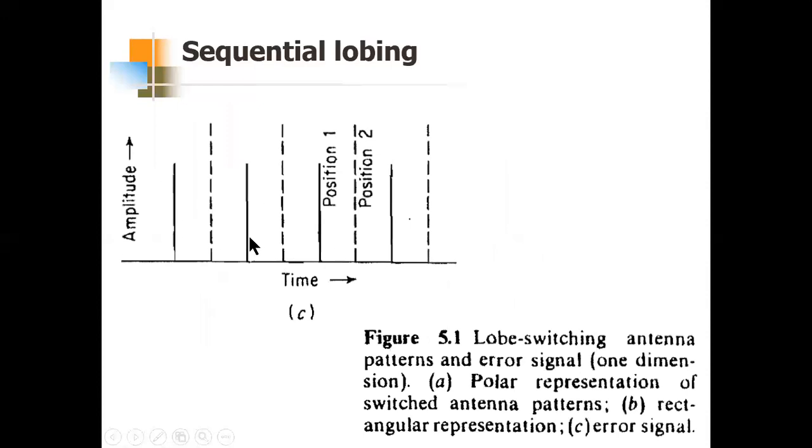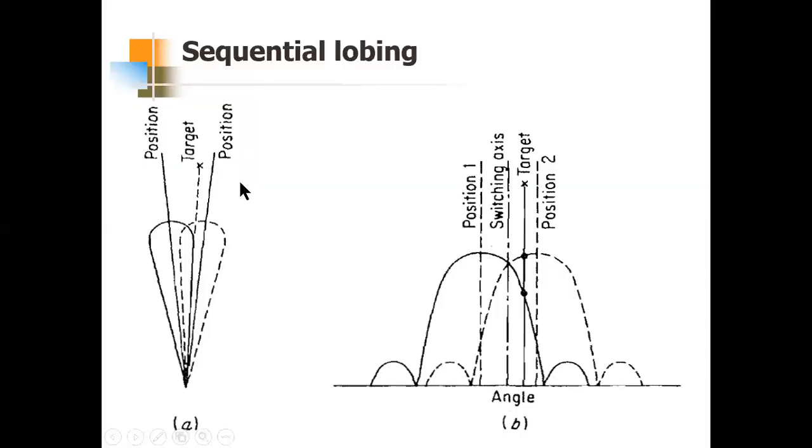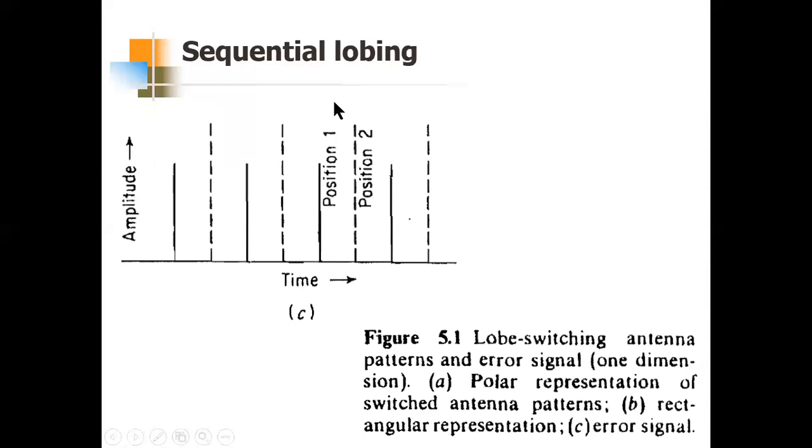You can see these are the error signals. From this figure you can see that the target is actually closer to position 2, that is time T2, right? If this is the target, and you compare the two signals, when the beam is in this position, the signal will have higher strength, correct? If you plot it here, the solid shows position 1 at time t1, and the next shows position 2 at time t2.